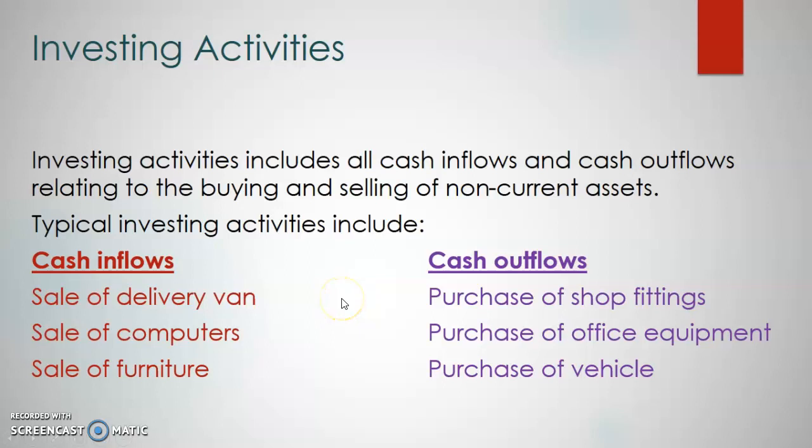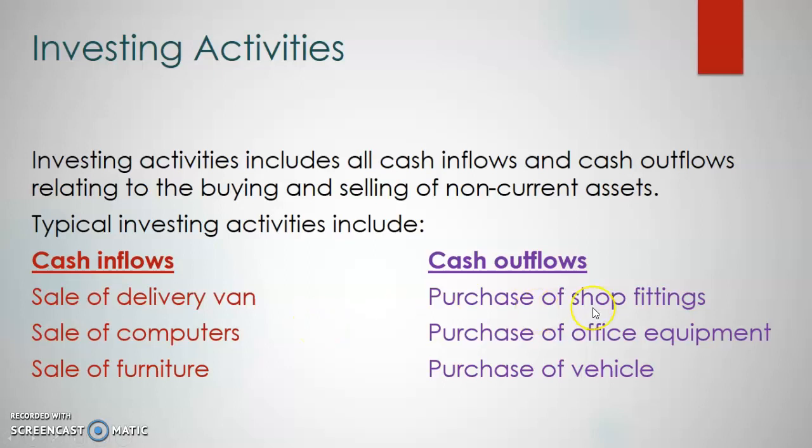Non-current assets are the assets that you use for more than a year. You're going to use a delivery van for a longer period of time. Computers, furniture, you use them for years and years, right? So they are our non-current assets. When you sell them, that is your cash inflow. Now what is going to be part of my cash outflows for investing activities is, when I purchase any of these items, it is a cash outflow.